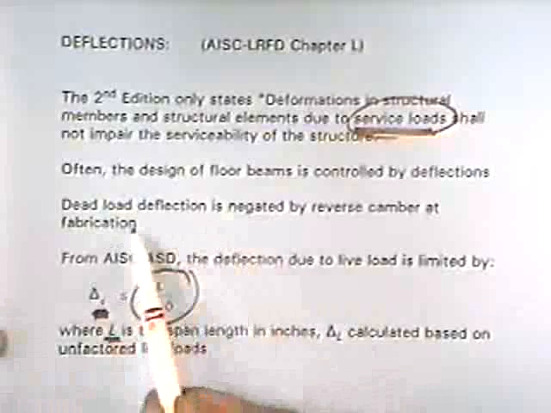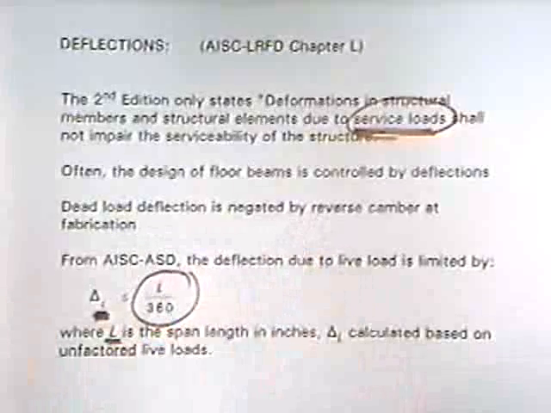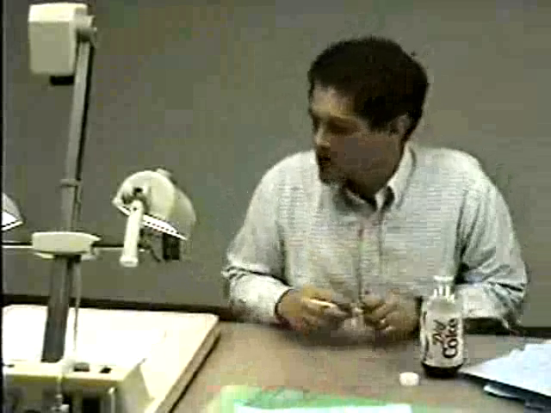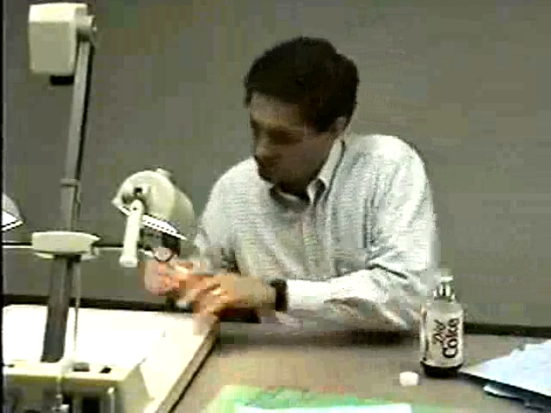We only check live load because dead load usually can be taken care of by putting a camber or reverse curve in the beam at manufacturing or fabrication, or when they pour the concrete slab, it usually deflects and the concrete fills up that slight depression.